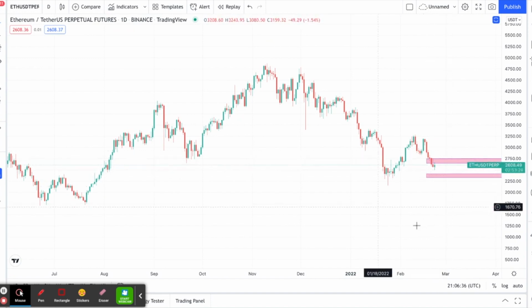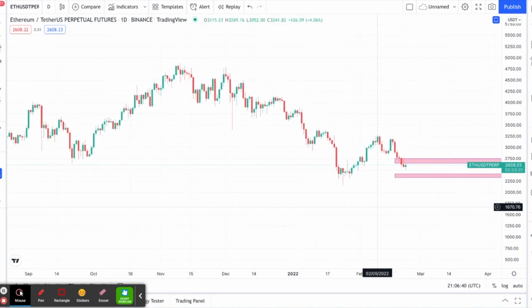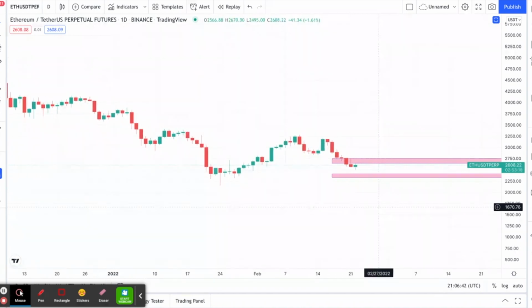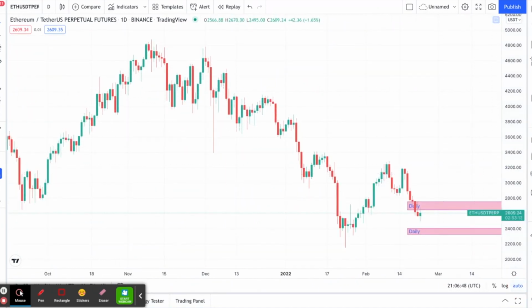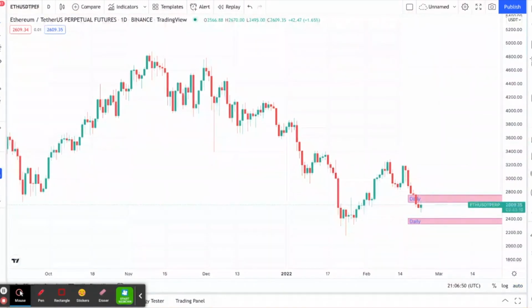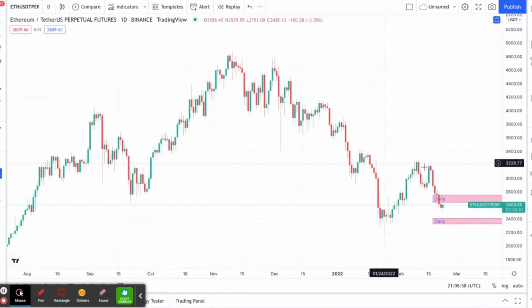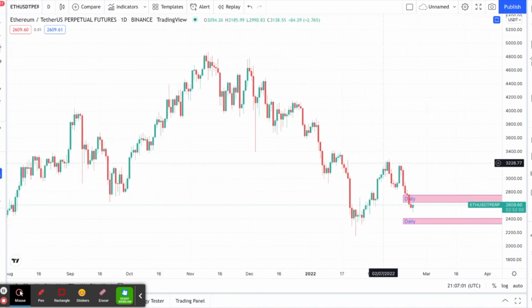What I'm going to do is break this down and show you a very good idea. If you are a person who can wait and be patient with your grid bots, I'm going to show you an idea that you can do as long as you are patient.